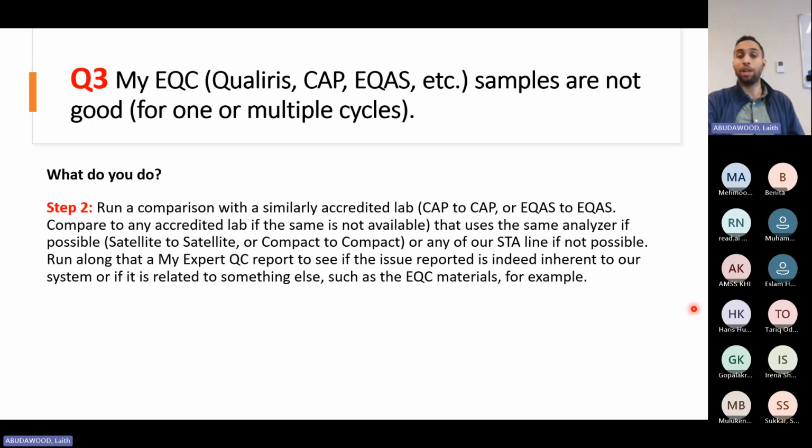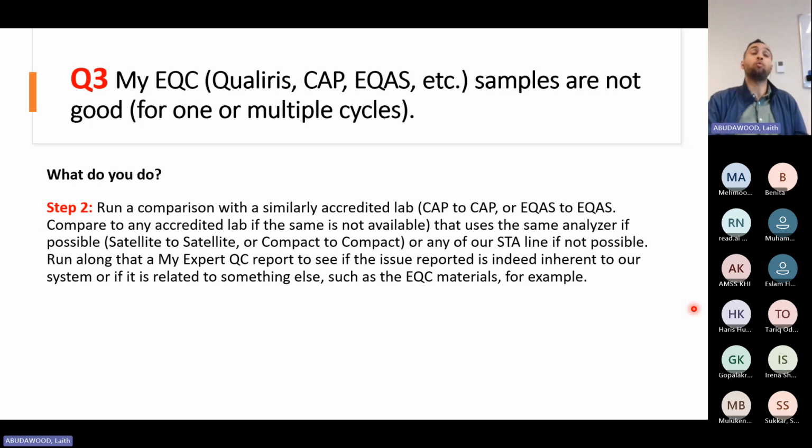I have proven to lab A using patient samples that there is really no problem in our analyzer. My expert QC says the analyzer is fine, and at the same time, the comparison says my analyzer is fine. How do I know it's fine? Because I compared it to lab B that has perfect CAP results.